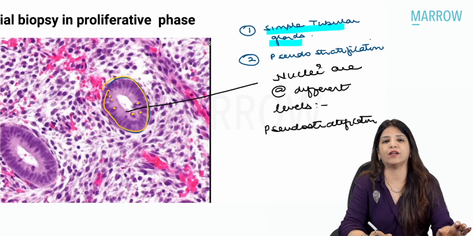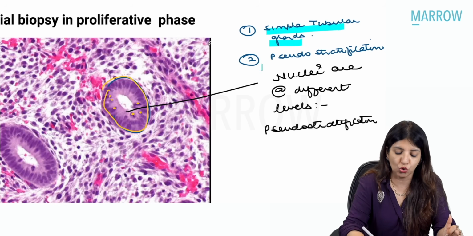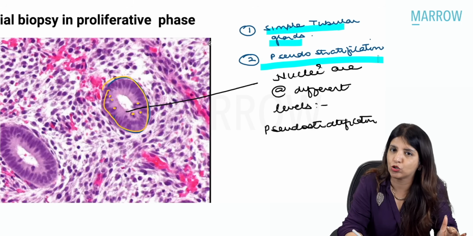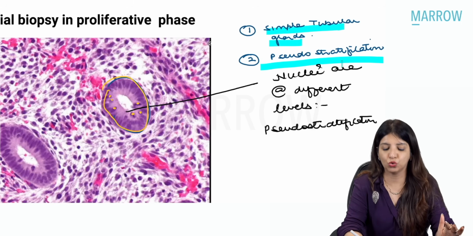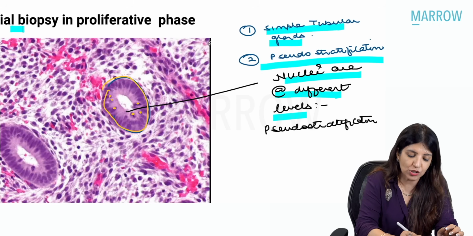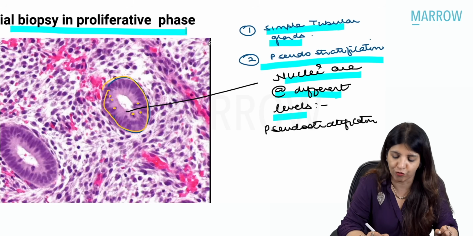Because the nuclei are at different levels, it appears as if there is stratification. There is no stratification. This is what is pseudo stratification. So if you are getting simple tubular glands on endometrial biopsy and there is pseudo stratification, that means nuclei are at different levels. This means this endometrial biopsy was taken in proliferative phase.